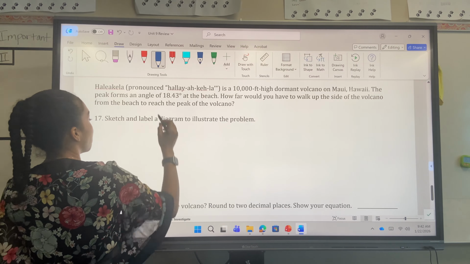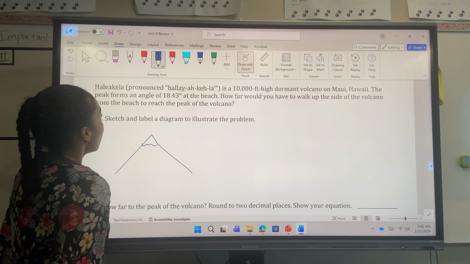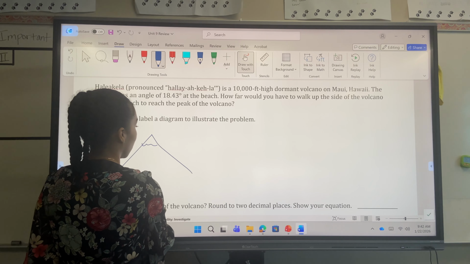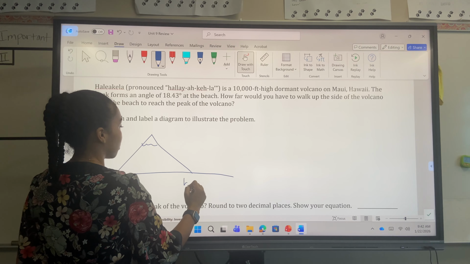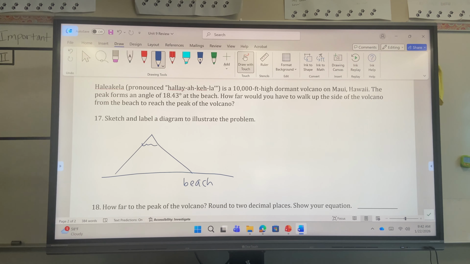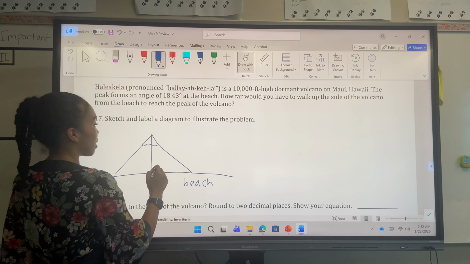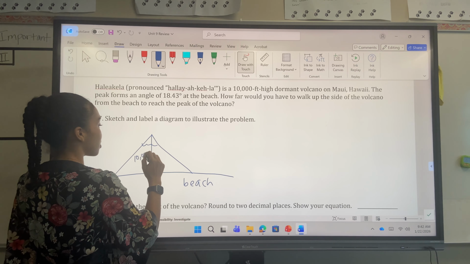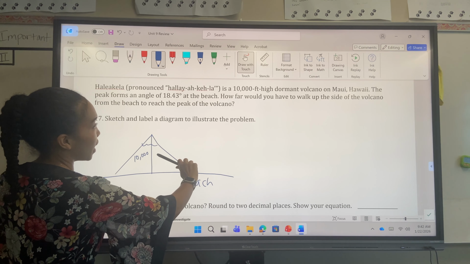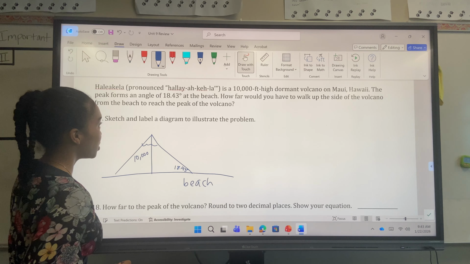Okay, so it looks like there's a dormant volcano, and the peak forms an angle with the beach. And this mountain is 10,000 feet tall. So this is 18.43 degrees.